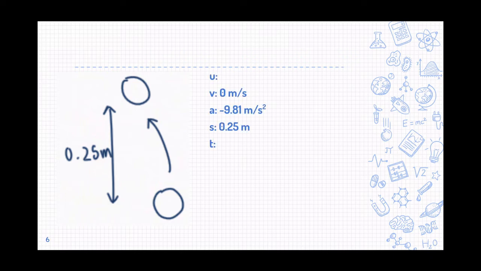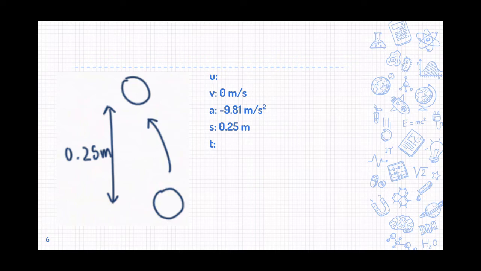We know that the final velocity of the ball will be 0 meters per second, as the kinetic energy of the ball at the top of the arc will be 0 joules. We also know that the acceleration due to free fall is negative 9.81 meters per second squared.